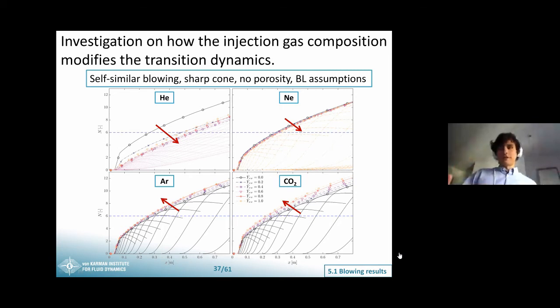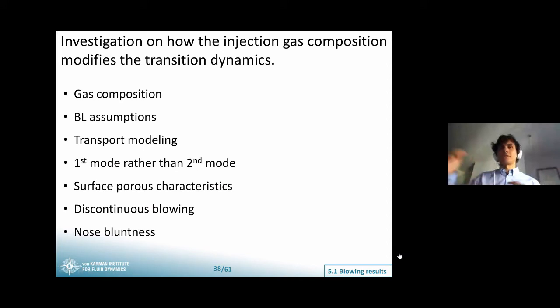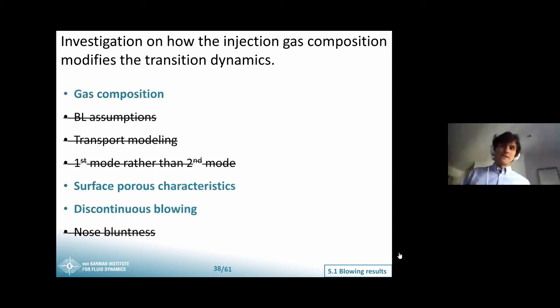So we went through our entire list of hypotheses and started basically getting rid of them one by one to see at what point things changed. And what we managed to identify is that the trends that we were observing experimentally were due to a combination of, indeed, the gas composition that was different, but also combined with the surface porous characteristics and the fact that we were blowing in a discontinuous way.